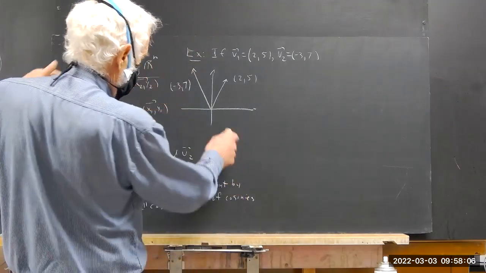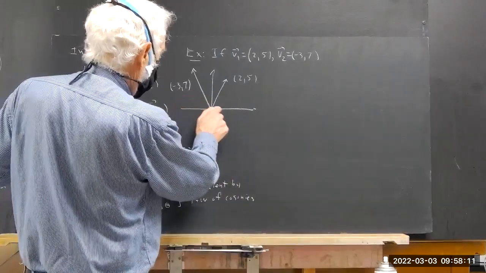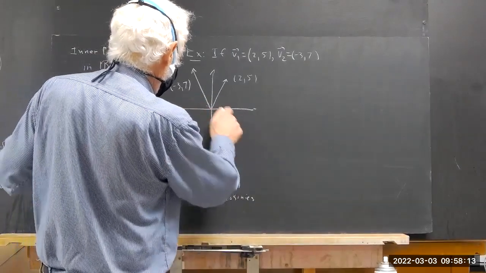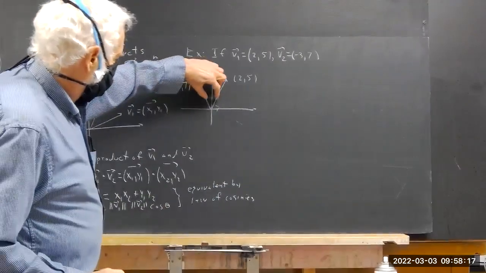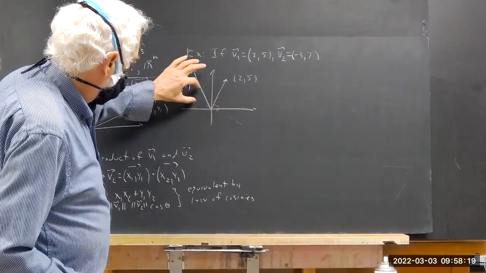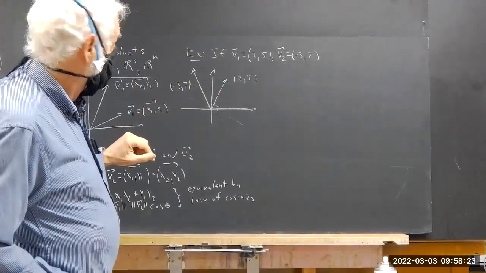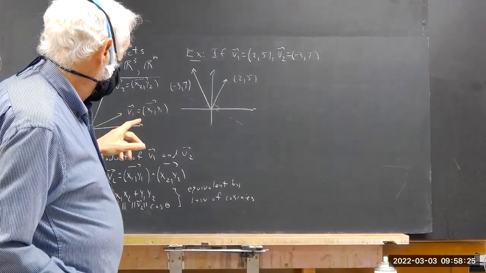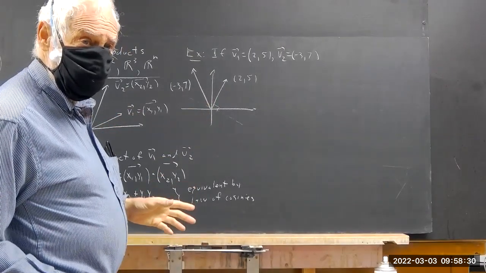Now, if I sketch a little line segment that's perpendicular to one of these vectors, is the angle from here to here bigger or smaller than the angle from here to here? They look fairly close, right?